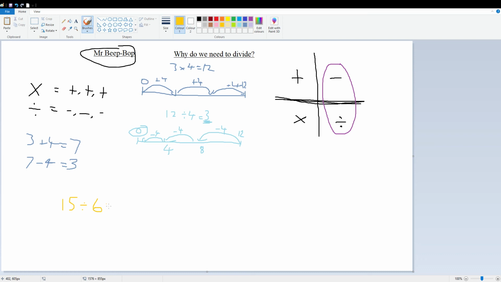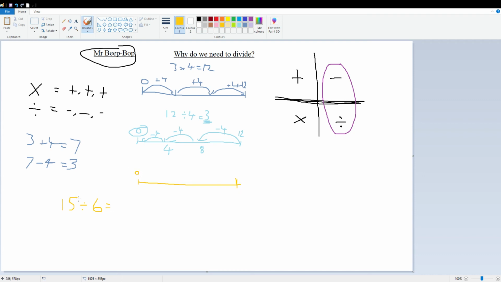For those of you who know the 6 times tables, you know that 15 is not a multiple of 6. But we're going to take 0 and 15 this time on our number line, because we're still looking at how many times it takes to get back to 0.